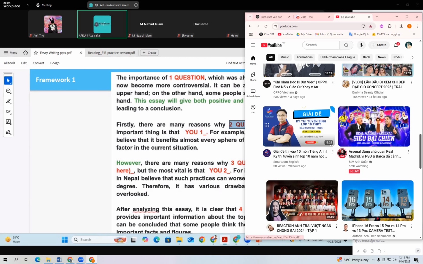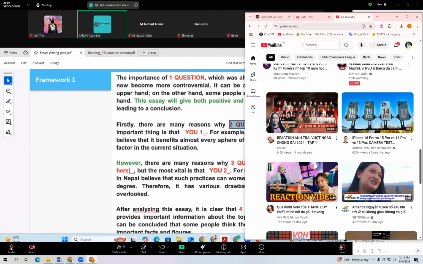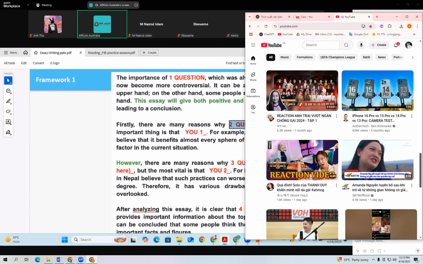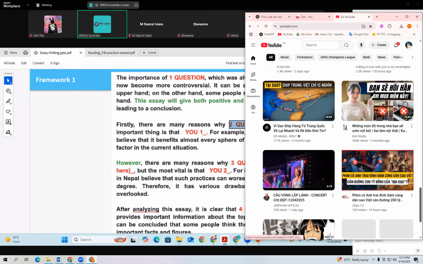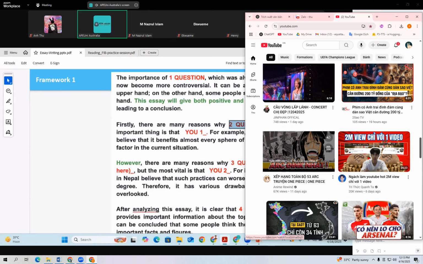So you can use the synonyms only if you are 100% sure. If you are sure that when you change some words, you will not make any spelling mistakes or grammatical mistakes, then you can use it, no problem.